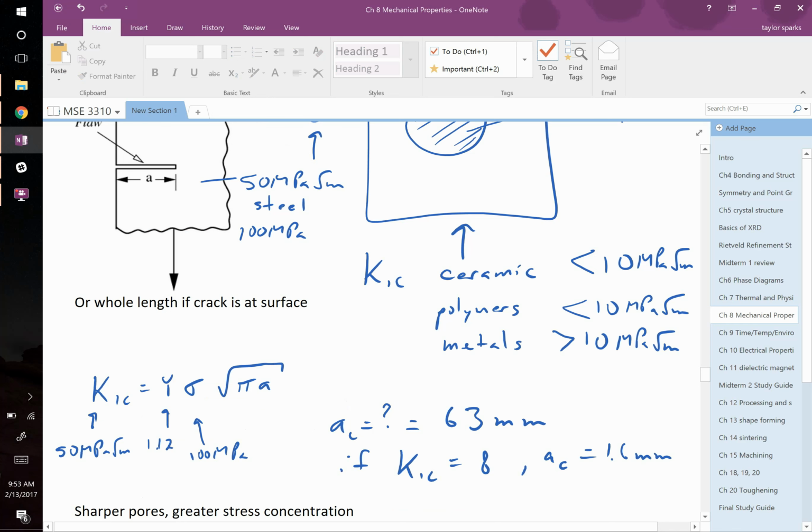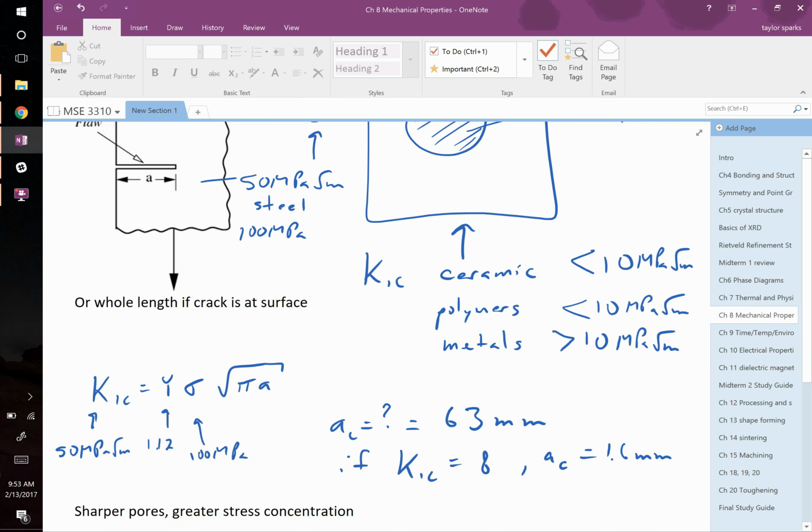So clearly ceramics, since they have a low fracture toughness, and like I said, 10 is on the high end, right? Like single crystal silicon, when you grow single crystal of silicon, that's probably like 2. I don't know, we could look it up in the book, but it's gonna be super low. They're basically totally intolerant to flaws. And any flaws, because we're starting to get quite small now, will cause them to break.